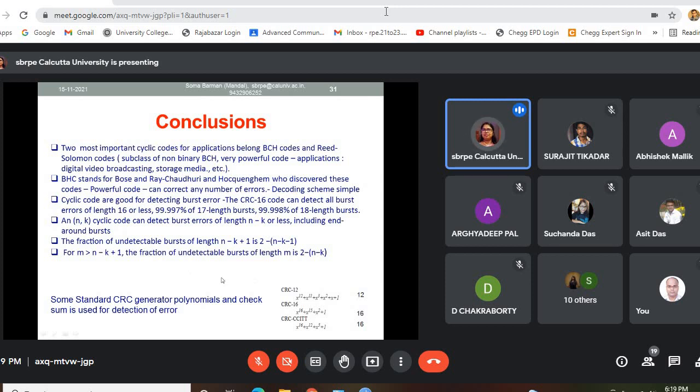So these are some standard generator polynomials for detection and correction of error, and this is very effective for burst error detection and correction in wireless communication. Okay, so that's all for cyclic code.